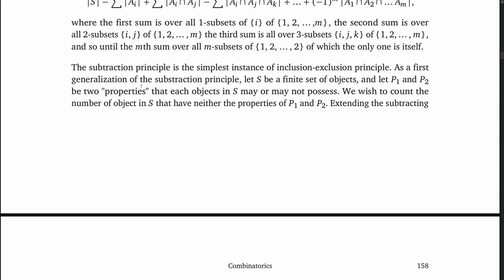As a first generalization of the subtraction principle, let S be a finite set of objects. Let P1 and P2 be two properties that each object in S may or may not possess. We wish to count the number of objects in S that have neither of the properties P1 and P2.